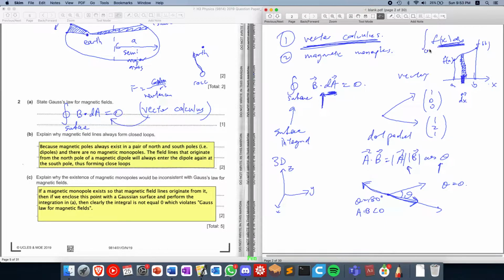In a similar sense, comparing to the surface integral we have over here, imagine a 2D sheet, and you're trying to integrate over the surface. When you integrate this function over here, you're integrating over a real line, whereas in this surface integral, you're integrating over a 2D surface. So this is a 1D integral, and this is a 2D integral.